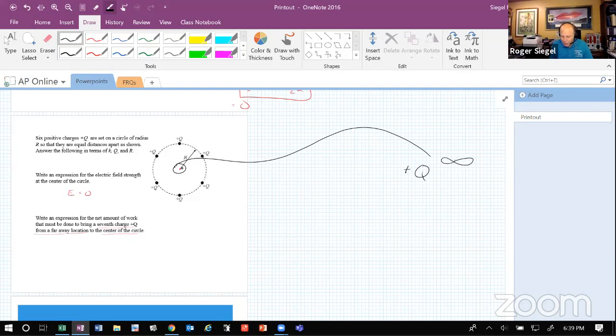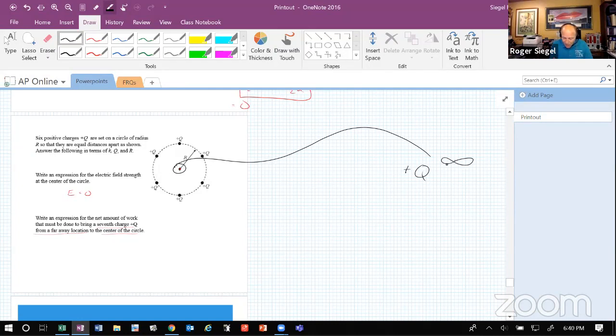Well, I could figure out the difference in potential energy from here to here.